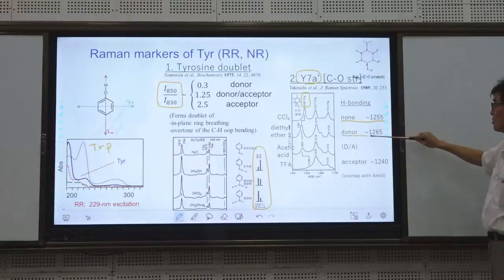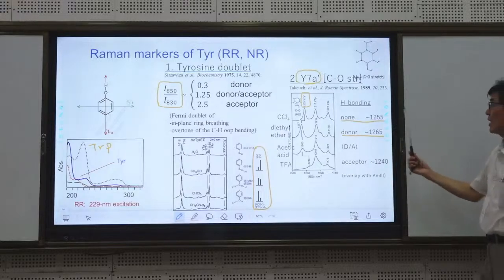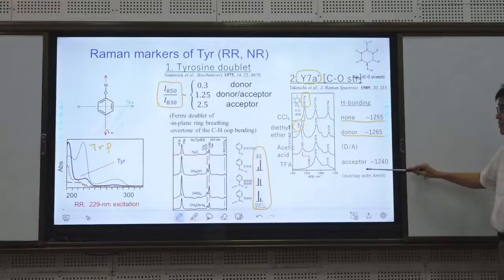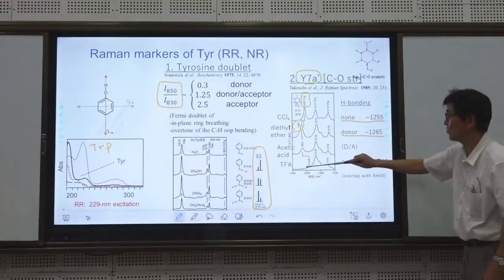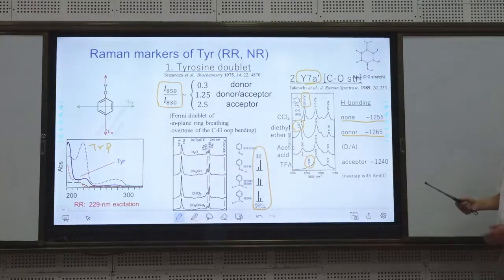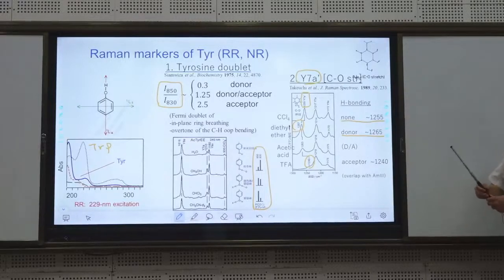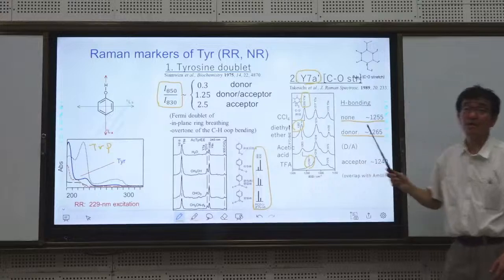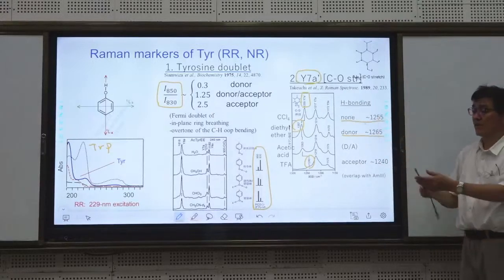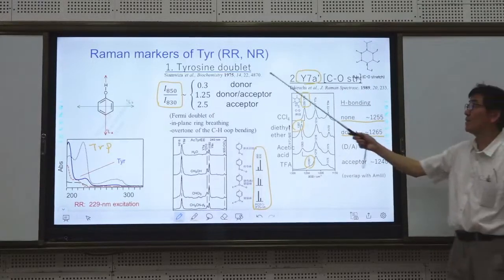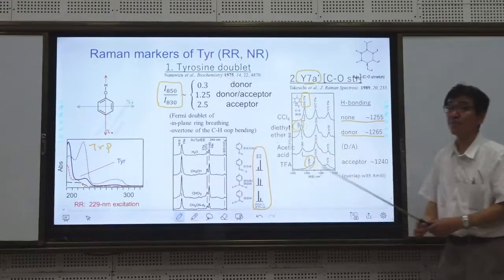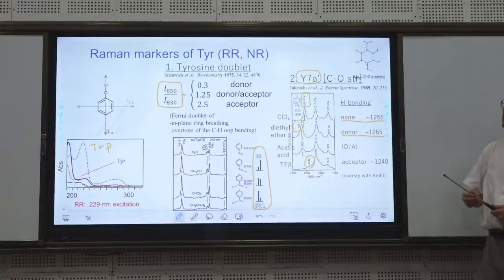If it is a hydrogen bonding donor, it moves to a higher position. If this is an acceptor, it moves to the lower position. Okay? So these two are widely used marker bands also to analyze the environment of the tyrosine side chain.